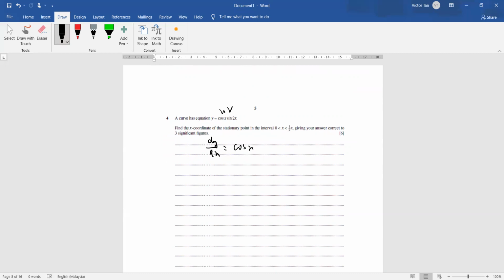Whole cos x times the derivative of sine 2x, which is 2 cos 2x, plus whole sine 2x times the derivative of cos x, which is minus sine x. So you have 2 cos x cos 2x minus sine x sine 2x.